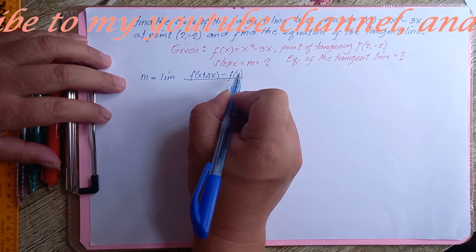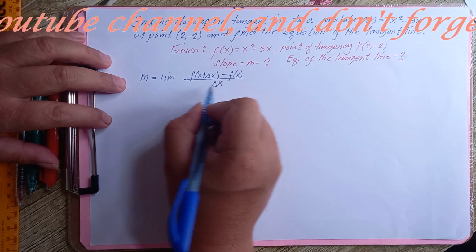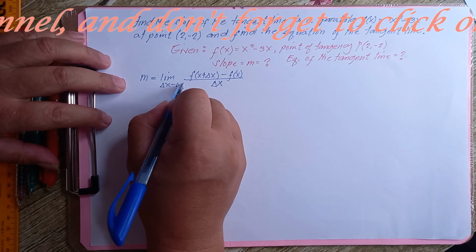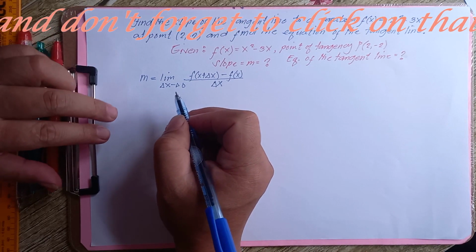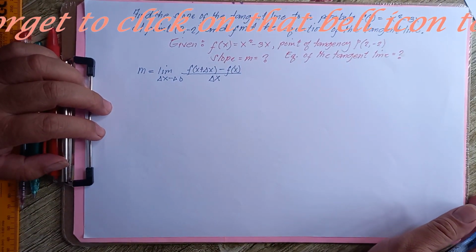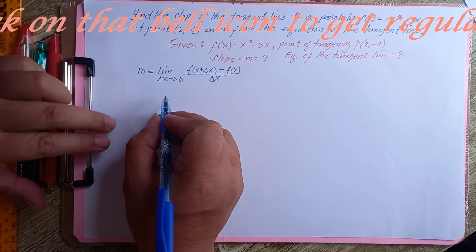Okay, so this is our working equation over change of x, as your change of x will be approaching 0.